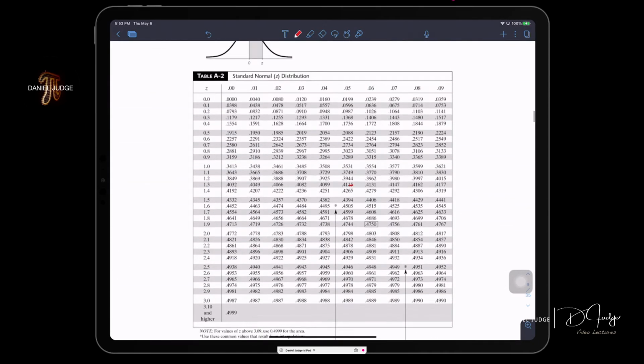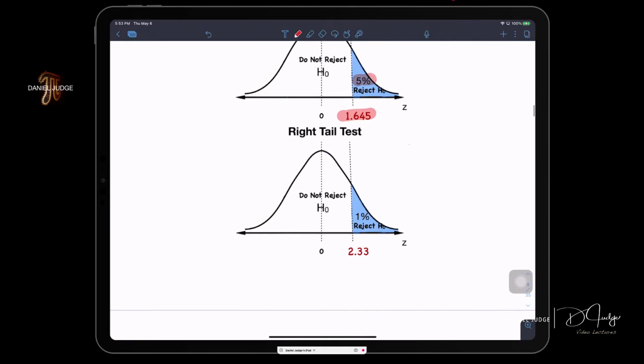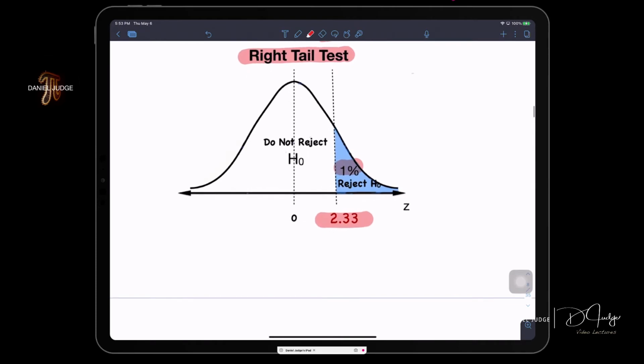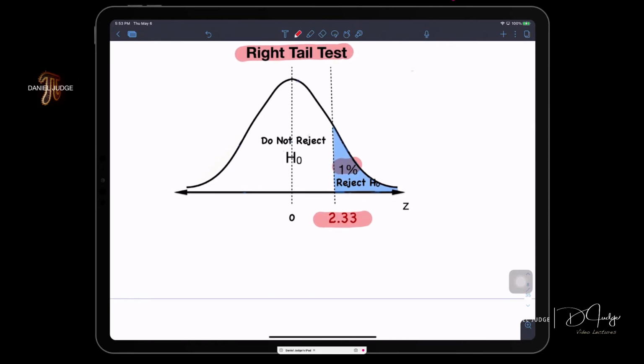Right tail 1%. The critical value, sure enough, ladies and gentlemen, for right tail 1% is, in fact, 2.33.